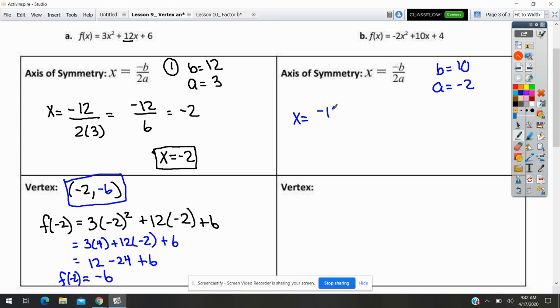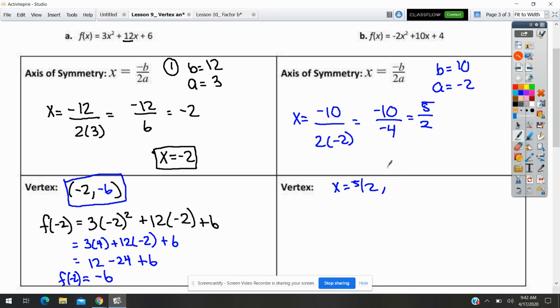So we have negative 10 over 2 times negative 2. So we have negative 10 over negative 4. And now you're going to get a decimal, but I would leave this as a fraction, 5 over 2. Okay, so we know the x value of our vertex is 5 over 2.